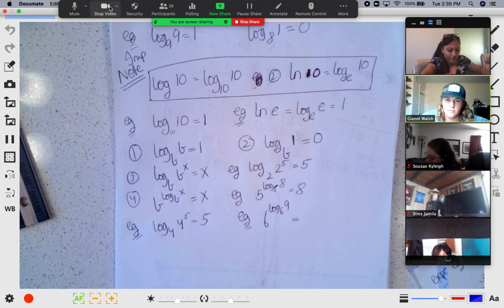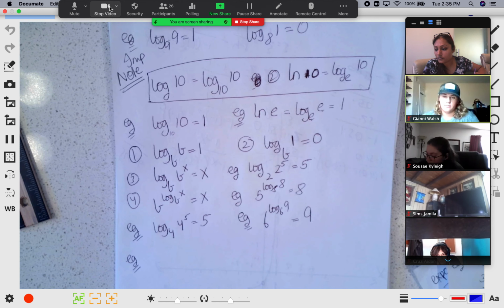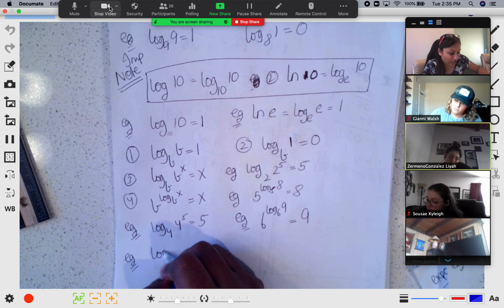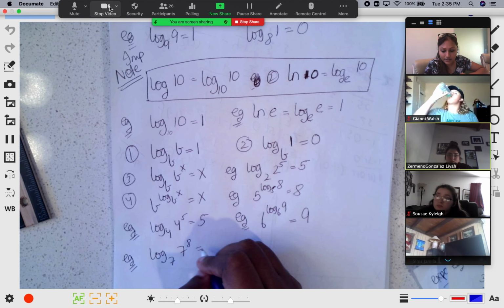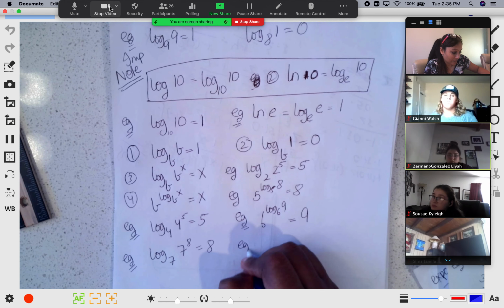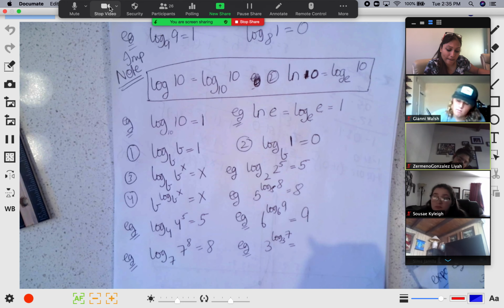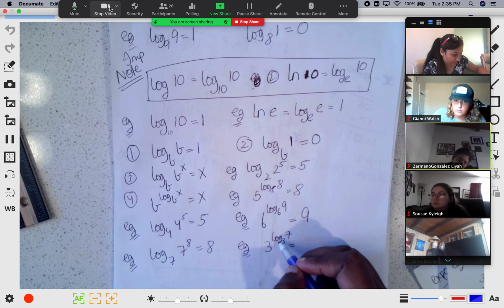Really good. Leah, what is log base 7 of 7 to the power of 10? That would be 10. Really good. Cameron, log base 3 of 3 to the power of 7. 7. Good.